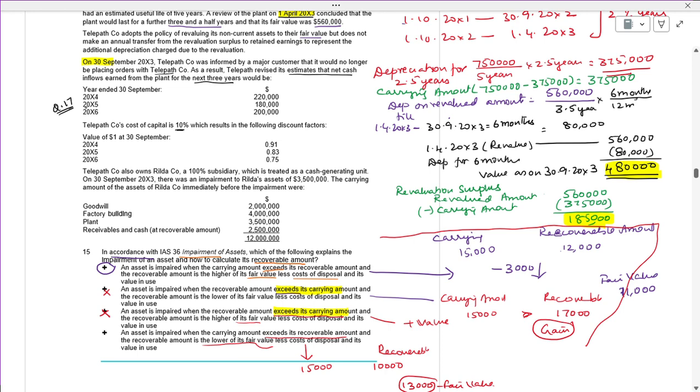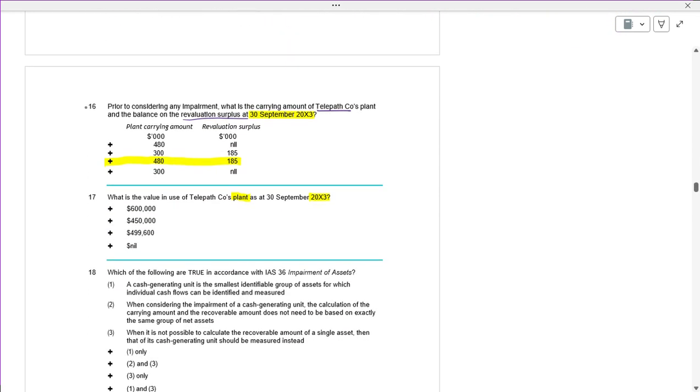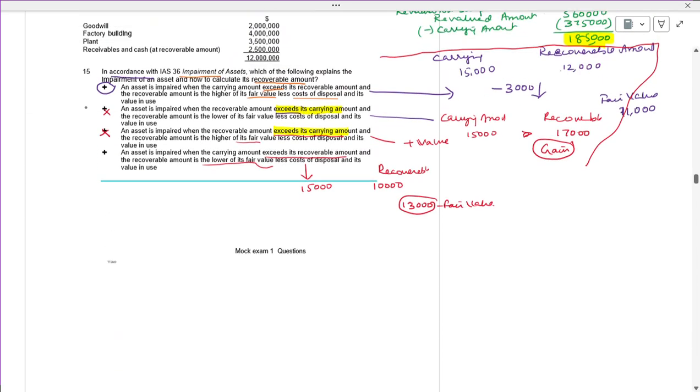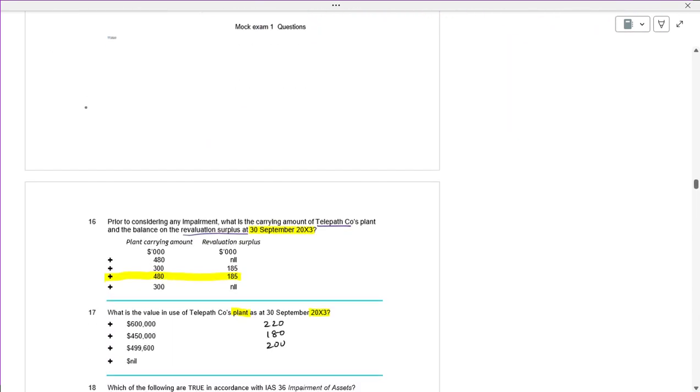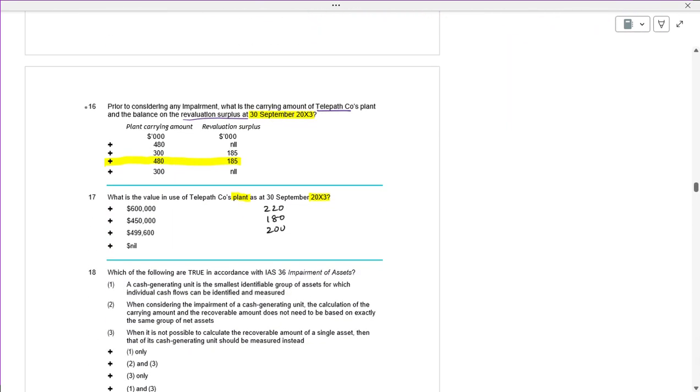The discount factors are 0.91, 0.83 and 0.75. Multiply them, how much will you get?